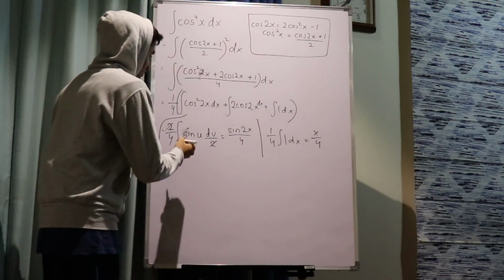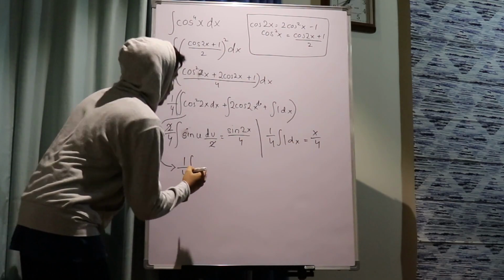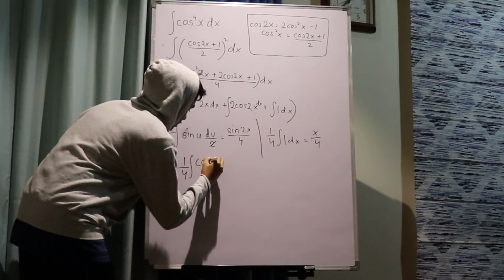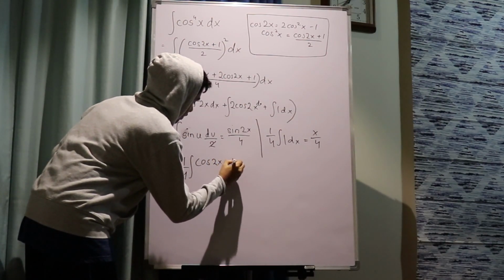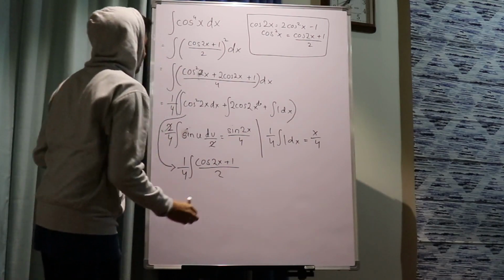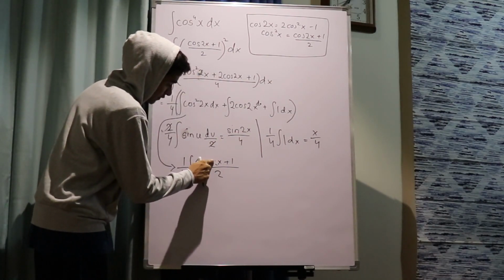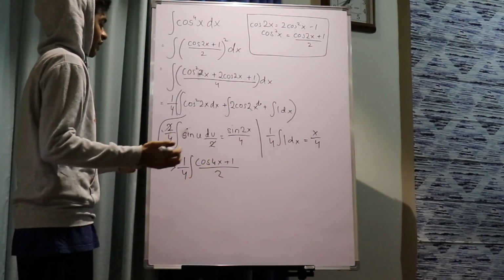So it says 1 over 4 times, cos square x equals (cos of 2x plus 1) over 2. But notice that in the place of x, we actually have 2x. So then this cos of 2x would basically be 2 times 2x, which is cos of 4x.